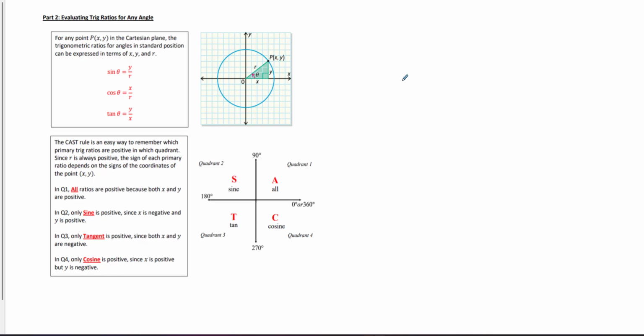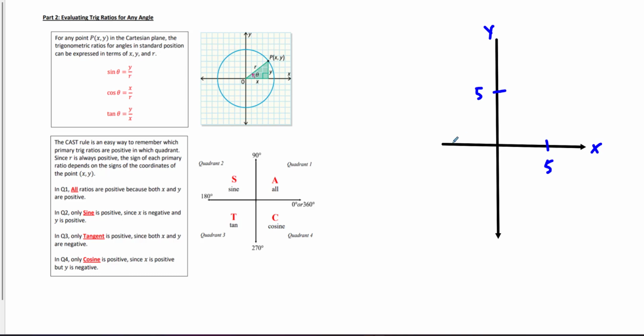So when we are drawing on a grid, X and Y, remember, they're points as well. If I take a Cartesian plane, let's just put some points. Let's say 5 here, 5 here, -5, -5.